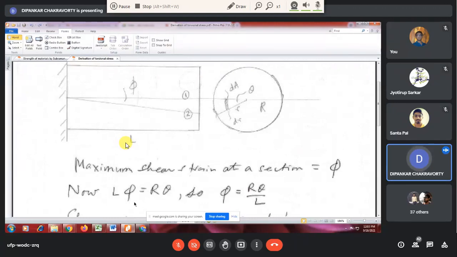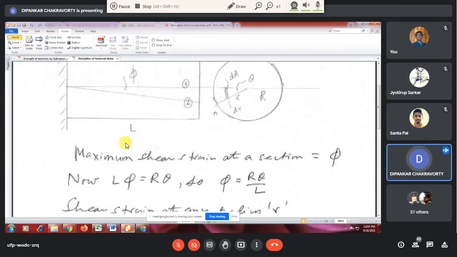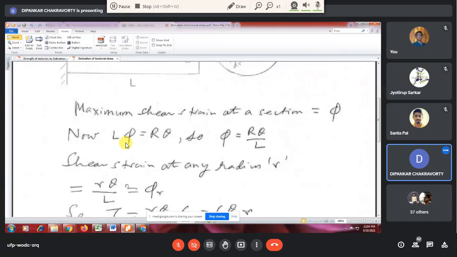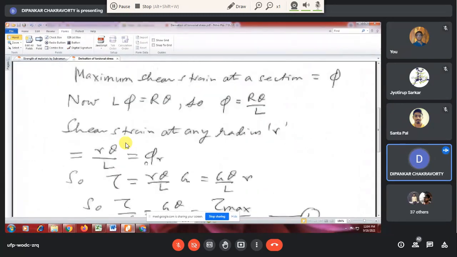So from there you get that phi is equal to R theta by L. Now, this maximum shear strain at the periphery is proportional to R. So the shear strain at any radius small r will be small r theta by L. The maximum shear strain at the periphery will be R theta by L, and the shear strain at any level will be small r theta by L, which is the shear strain at the generalized level r.